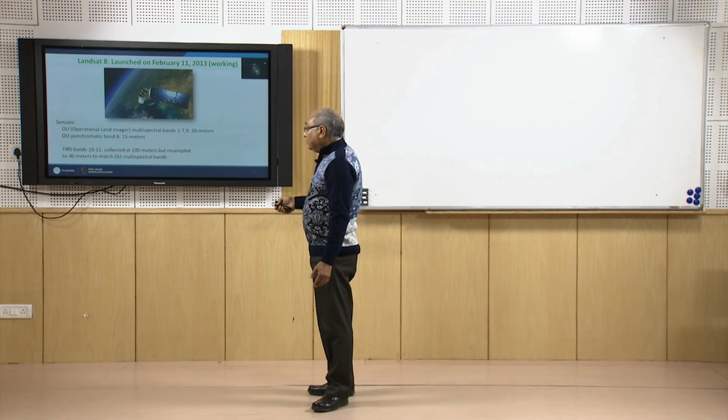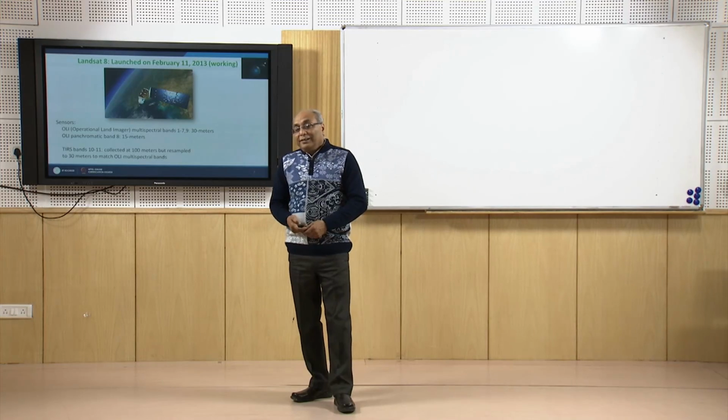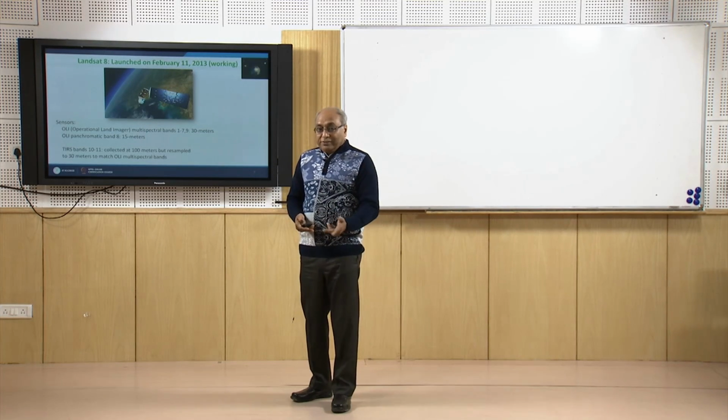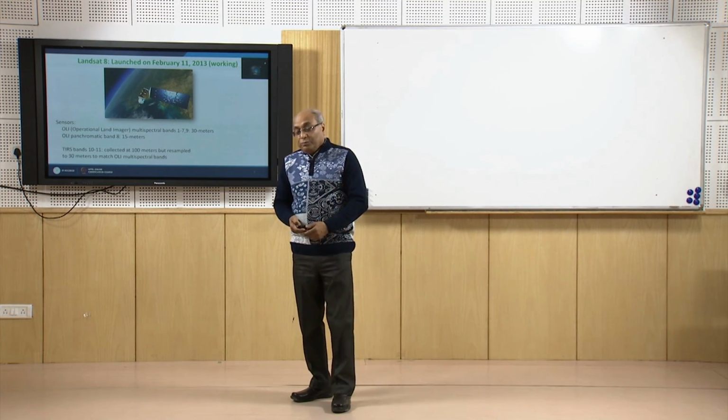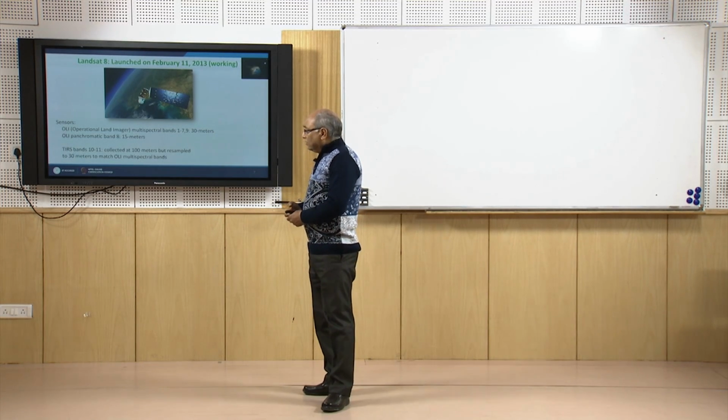Especially the TIRS thermal infrared bands, channels 10 and 11, collect data at 100 meters, but later on they are resampled to 30 meters so that we can use them along with our multispectral data. So earlier we had only 4 channels, now 11 channels, including 2 thermal channels. In case of MSS, we did not have any thermal channel. So a lot of data is now available.